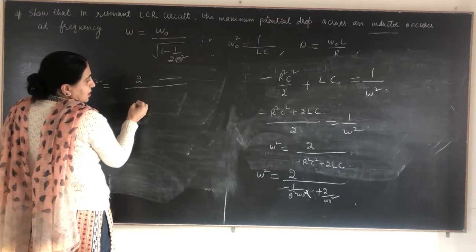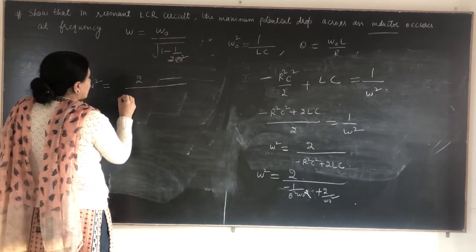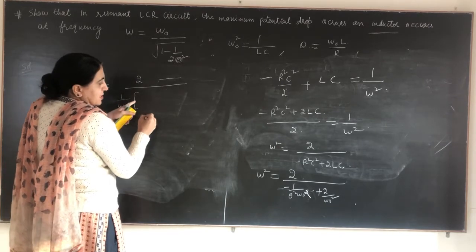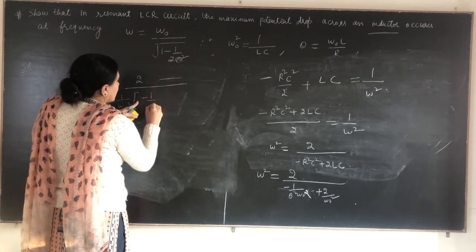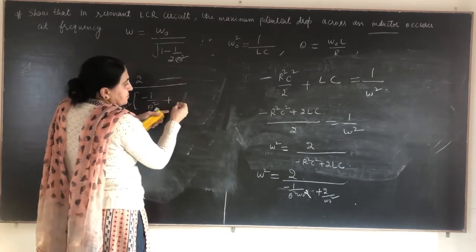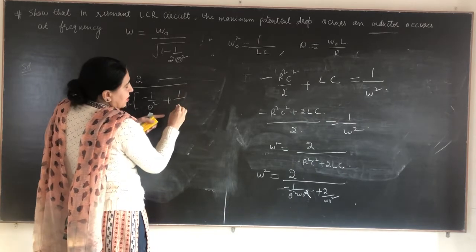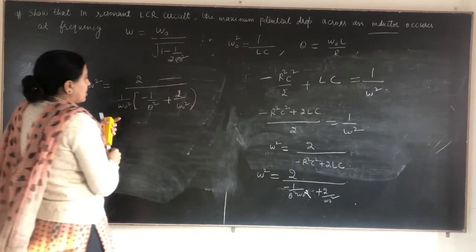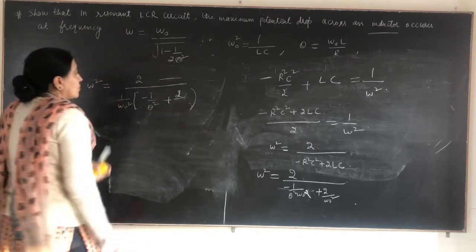Taking 1 over omega naught square common, what you get inside the bracket is minus 1 over Q square plus 2. Okay?